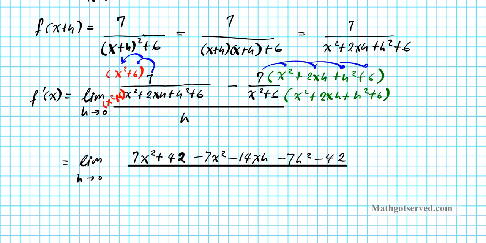So when I distribute x squared to everything here, I'm going to have x to the fourth, and the next one plus 2x to the third h, plus x squared h squared plus 6x squared. Okay? Well, this is what I get after distributing x squared to all these four terms in this parenthesis right here.